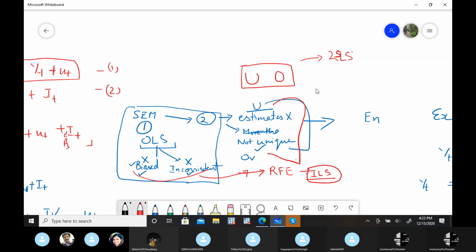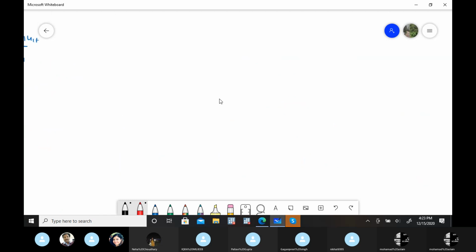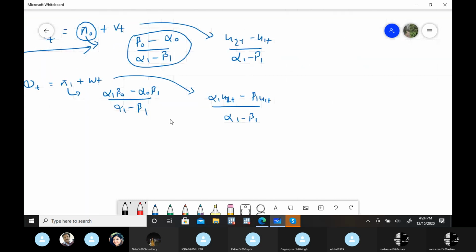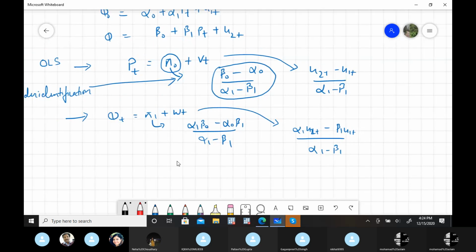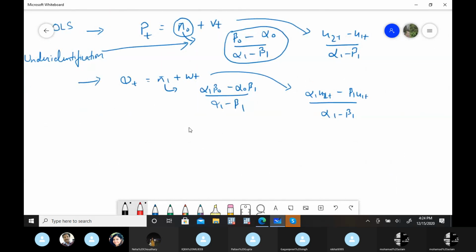But before that, we have to understand the method of how we identify. It's not that every time we have to do this exercise that okay, this equation is over identified, this equation is under identified. No, there are two conditions, rank and order conditions, with which you can identify whether an equation is over identified or under identified.